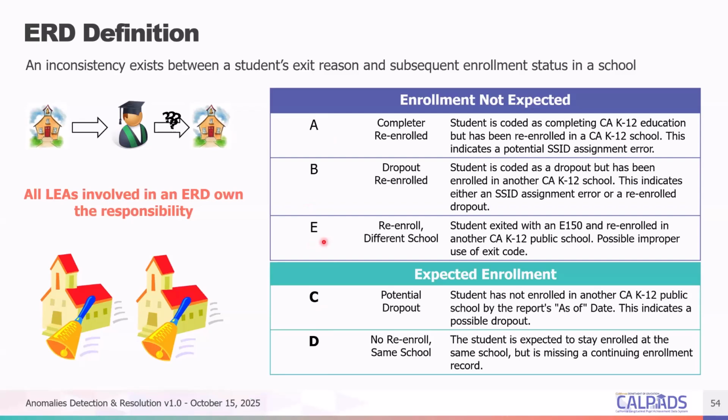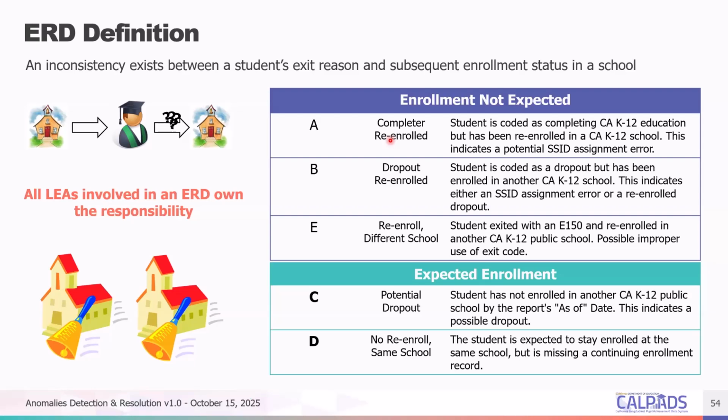A, B, and E are all cases where a new enrollment is not expected to be reported. For a completer, any student who is a graduate and was marked as a completer should not have a new enrollment in CalPADS.